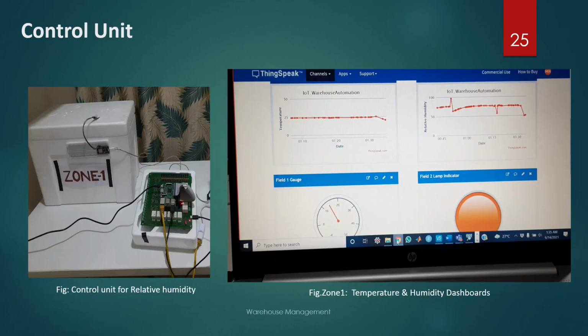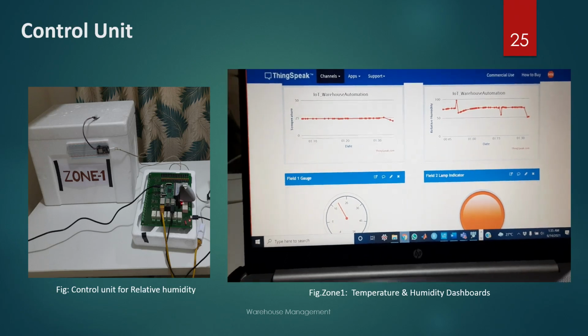What you see is the control unit for zone 1, and you get a beautiful cloud-based dashboard, and what you see on the left side is temperature and on the right side is relative humidity. You can have different types of dashboard items, you can have a dial, you can have lamp indicators and so on. So, this is an example that you can do all of this on ThingSpeak.